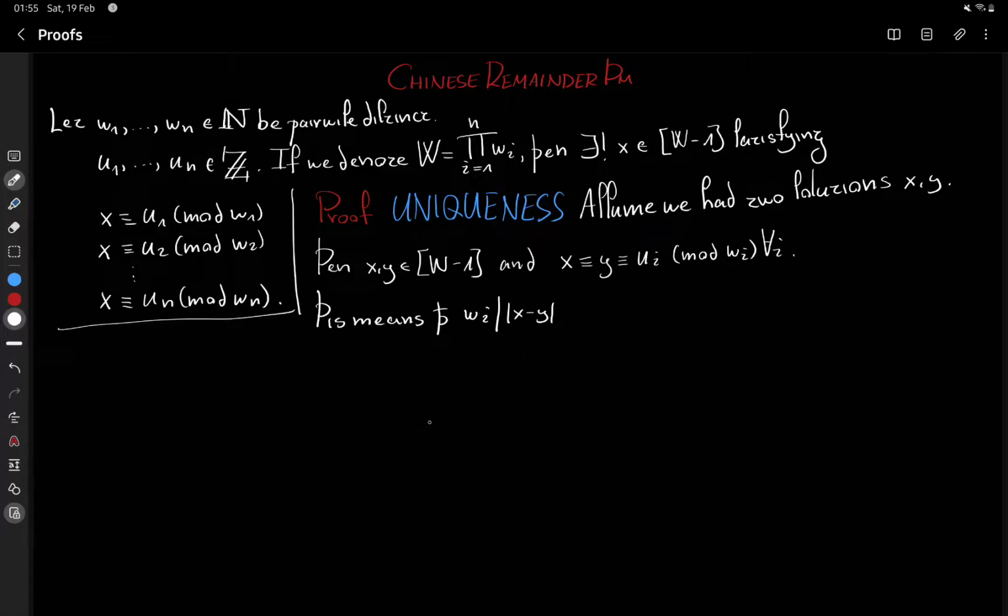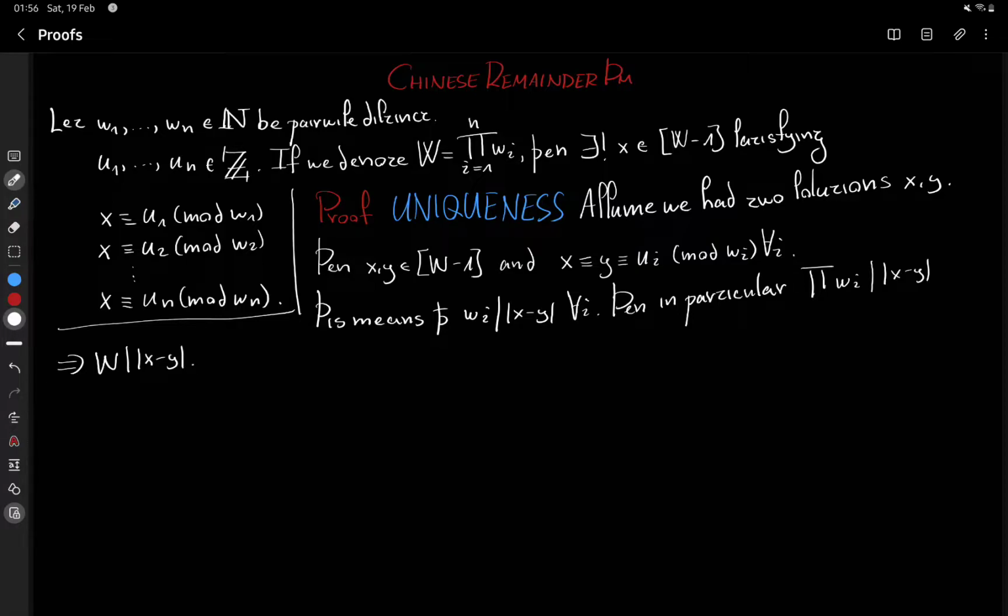We're only dealing with positive integers here, for all i. But then, in particular, the product of all W divides X minus Y. But this is equivalent to saying, by definition, that capital W divides X minus Y.